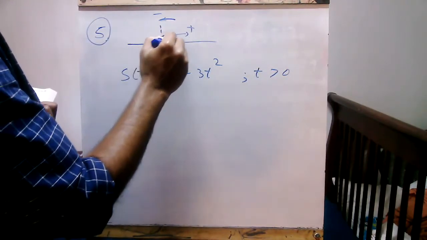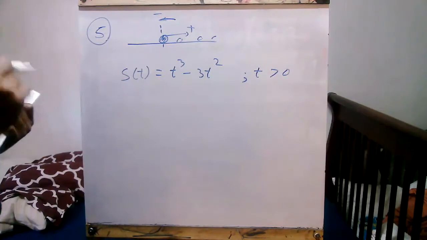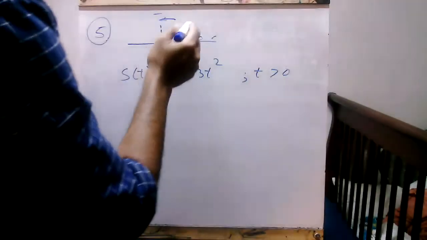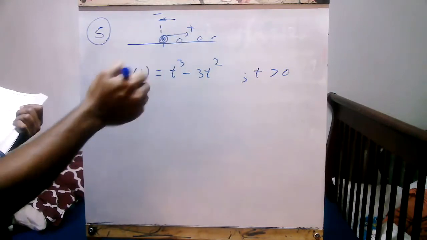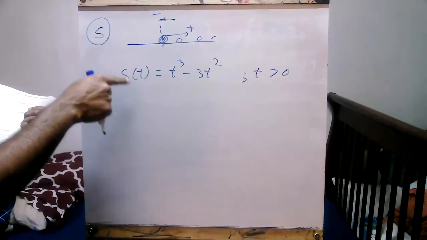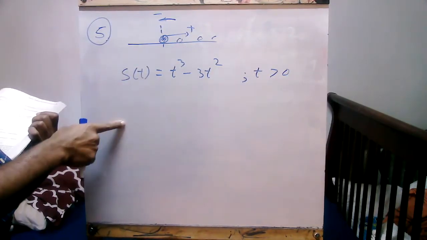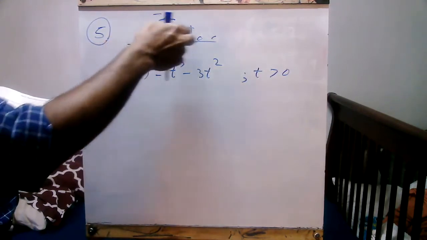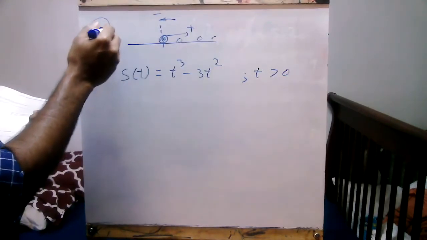Does that mean that? No. Why? It could have negative velocity depending on this equation. This is the distance equation. To get the velocity and acceleration, we have to differentiate this. Depending on that, it could move forward and backward as well.